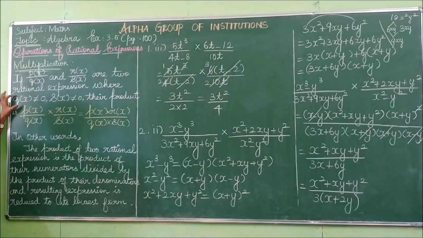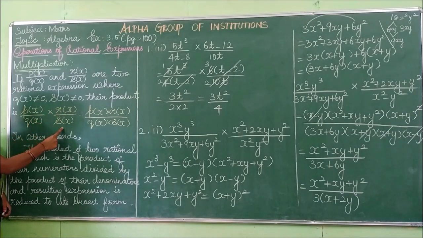Same case here, we have 2 rational expressions, both q of x and s of x not equal to 0. Then their product is p of x by q of x into r of x by s of x, which is equal to the numerator multiplied, divided by the denominator multiplied. So what is our numerator? p of x into r of x, divided by q of x into s of x.